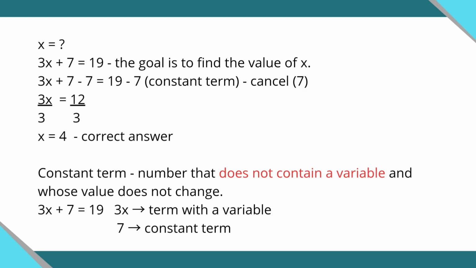To remove the constant term, 7 is subtracted from both sides of the equation, resulting in 3x = 12. Next, both sides of the equation are divided by 3 to isolate x. This gives x = 4, which satisfies the equation. Therefore, the correct answer is 4.